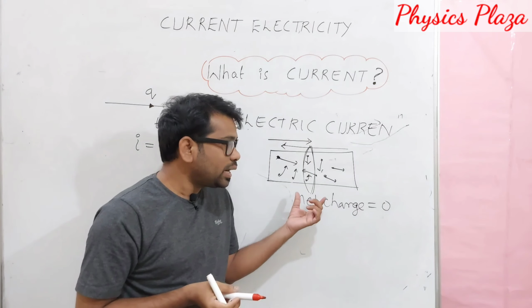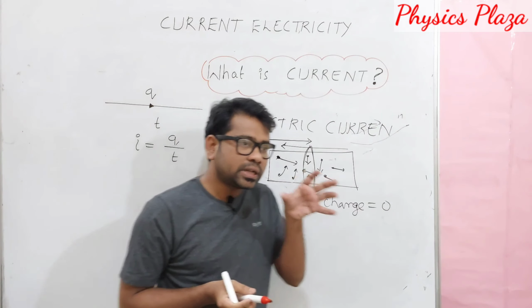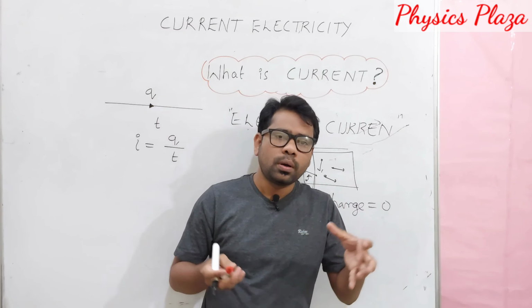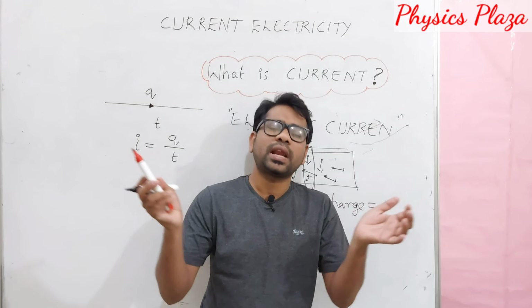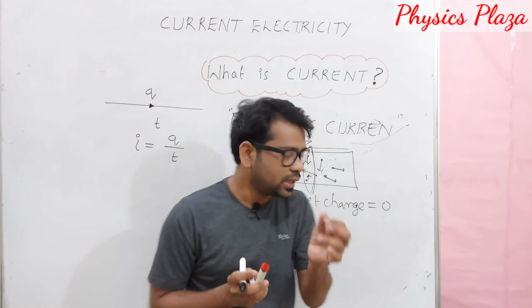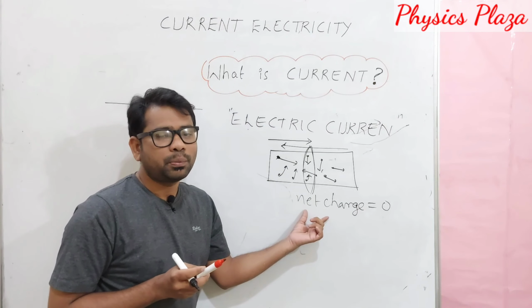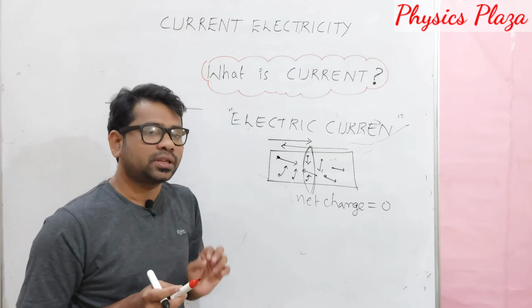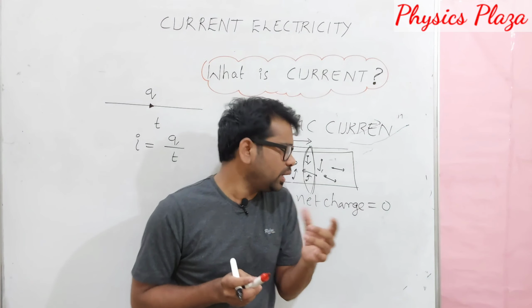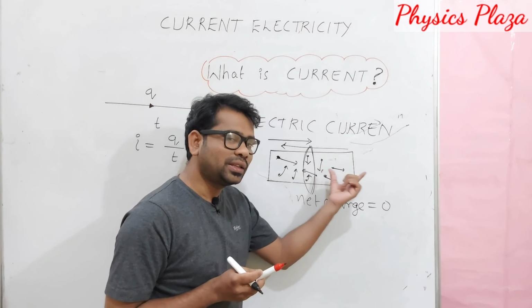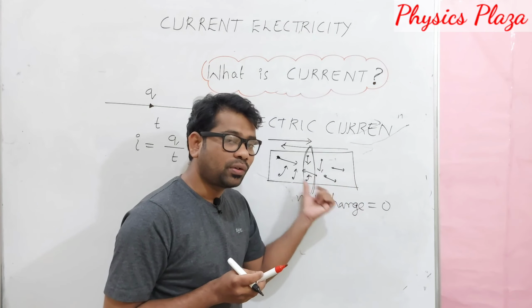So why are we not getting electric shock when we touch any metal, though plenty of free electrons are moving randomly here and there? The reason is that the net charge is 0. But when you take a charged body, for example, connected with a battery, then what will happen?